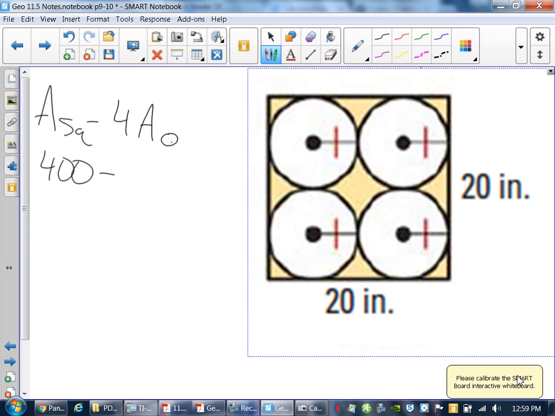To that, we have to subtract out 4 areas of circles. Well, if you look at the diagram, the 20 represents going all the way across. That means the diameter of each circle is how much? Which means each radius is 5.